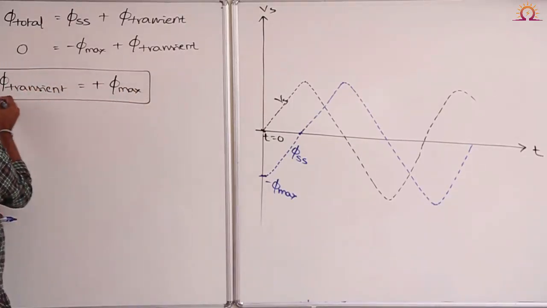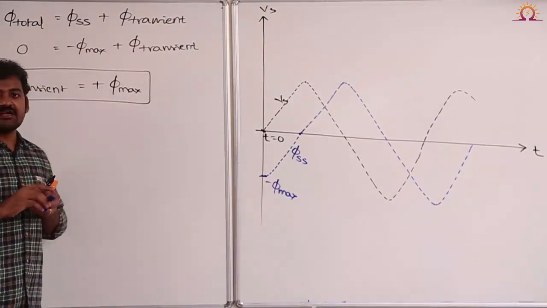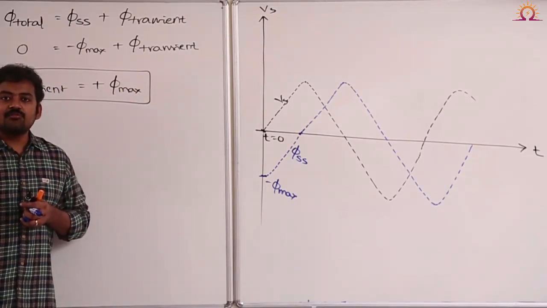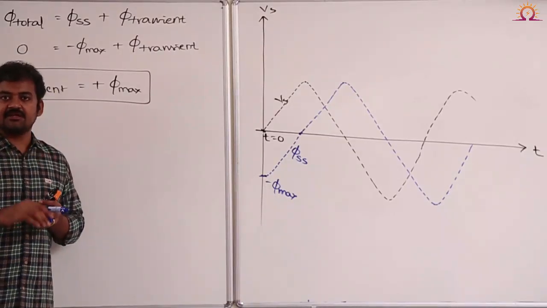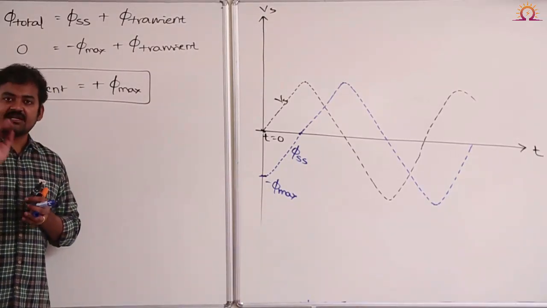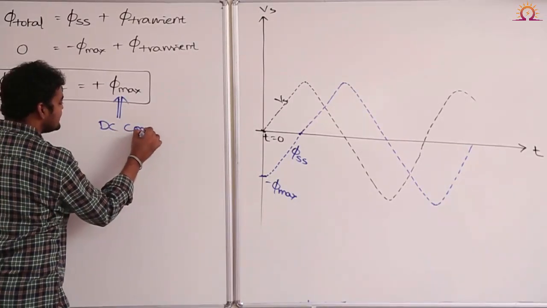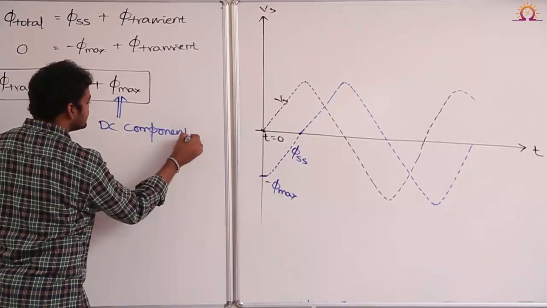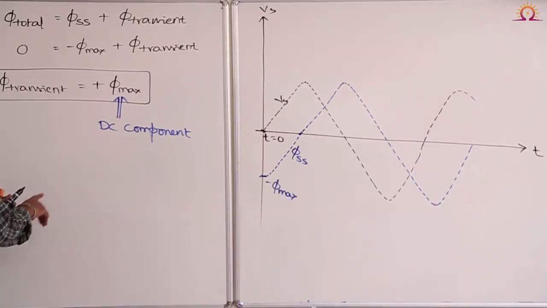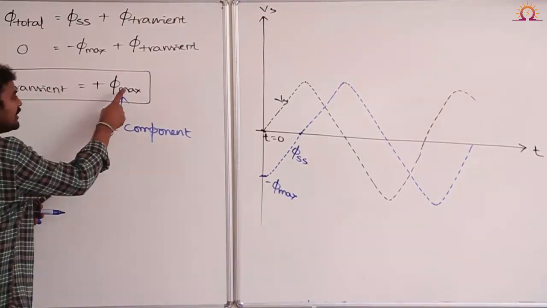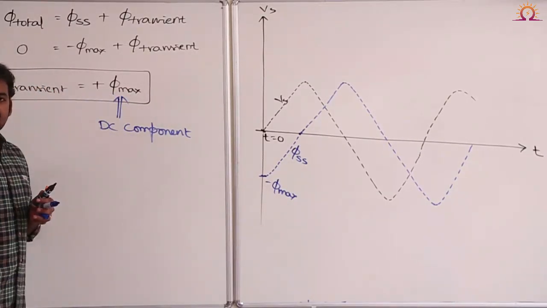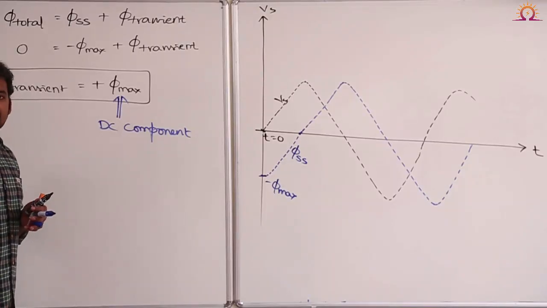And I already told you that if it is a practical transformer, transient component will be exponentially decaying. But if it is an ideal transformer, this transient flux will be a pure DC component. Okay, pure DC component. And the magnitude of transient flux is equal to plus phi max, and it is a pure DC component if it is ideal transformer.